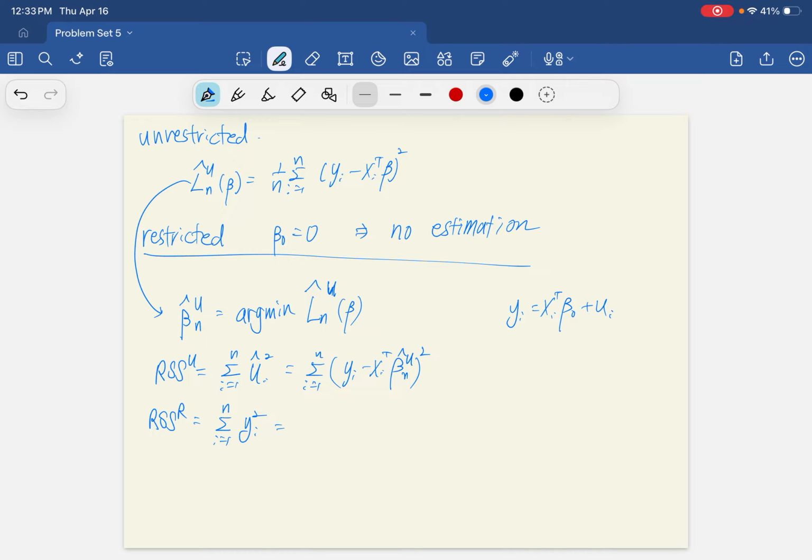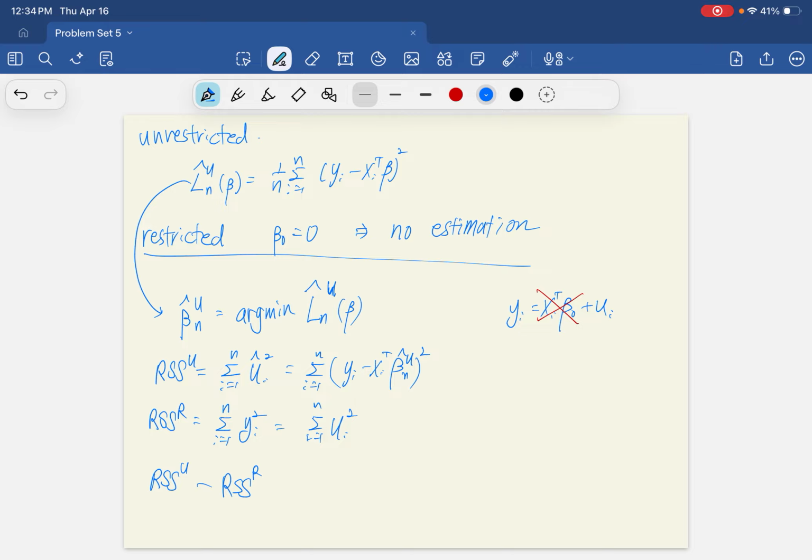But all the beta 0 is 0, right? So this goes away. So it will be more convenient to just define the RSSR as the sum of u squared, right? So y itself is the error term. Everything is just an error, okay? So we will study the difference between these two, okay?